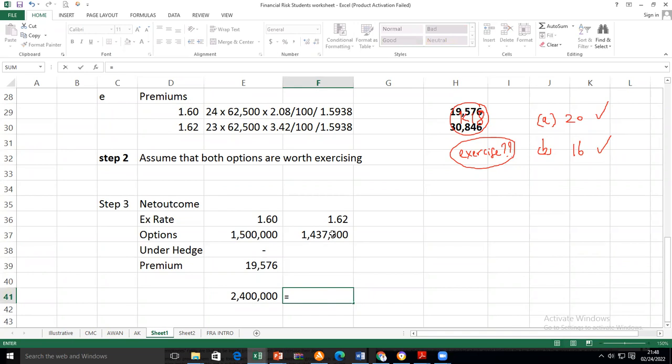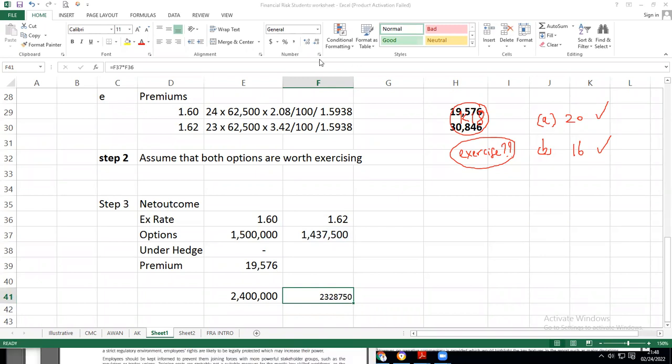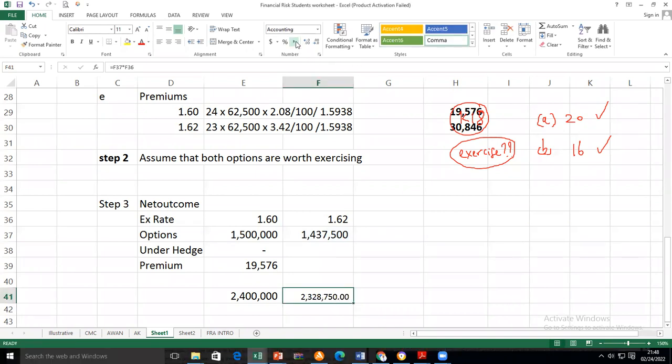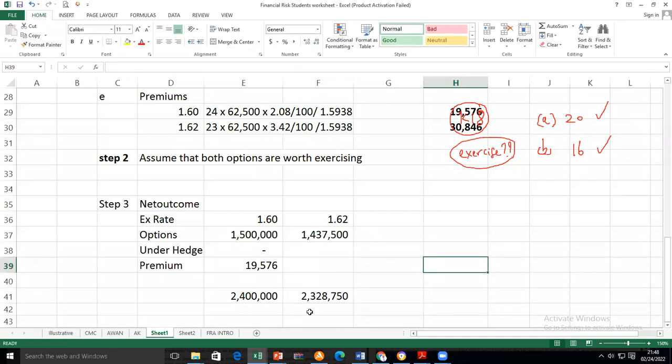When you sell these at 1.62, what do you have? Look at the situation that we have here. Have you seen the situation that you have here? You have a shortfall. Why? Because it was 23.7.